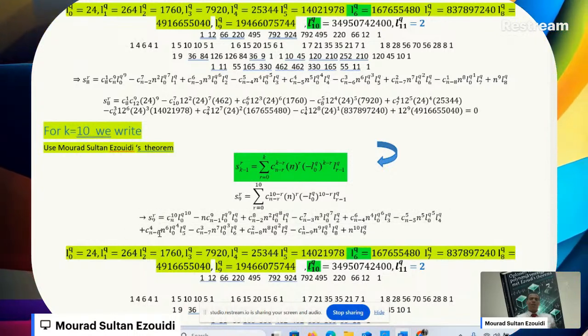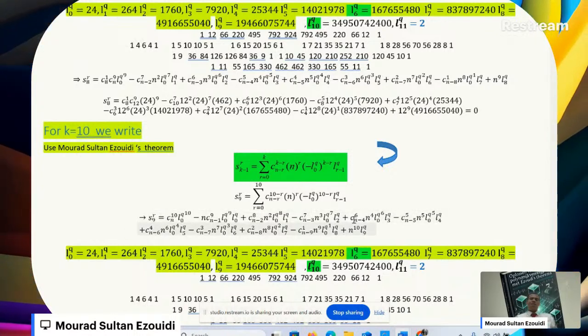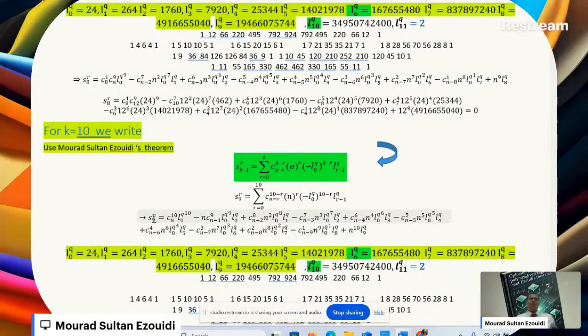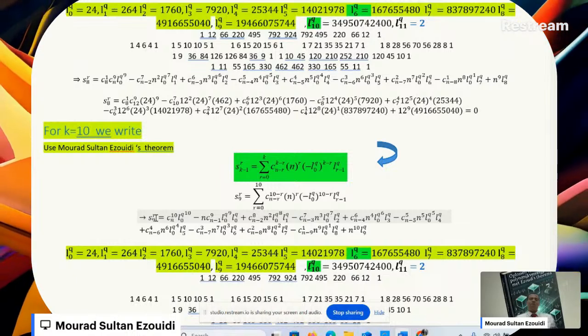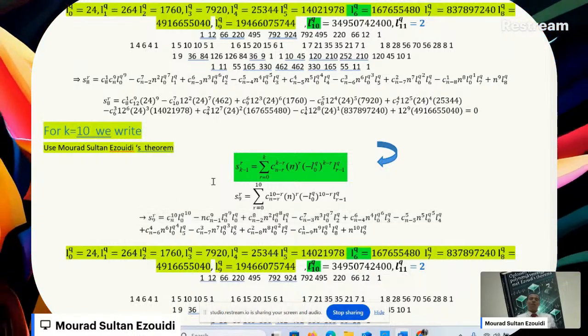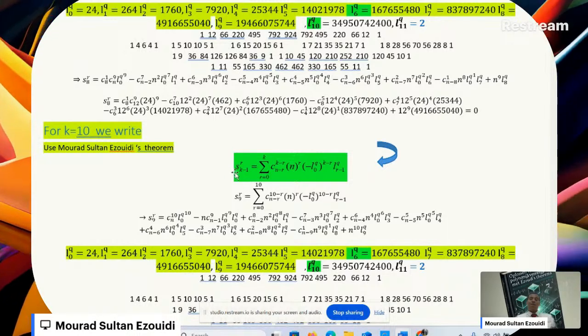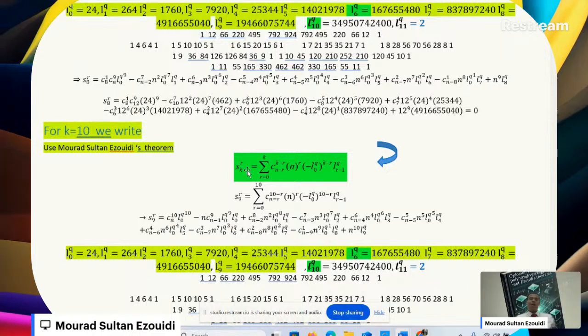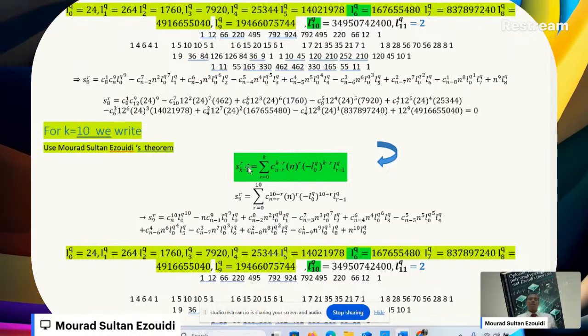Professor Mourad Sultan Ezouidi wrote S9 in its lowest term. This is S9. It will give you the value of the 10th coefficient of the new nth degree equation. That is written as the sum of minus 1 raised to the power k, S k minus 1 upon r, x raised to the power n minus k.